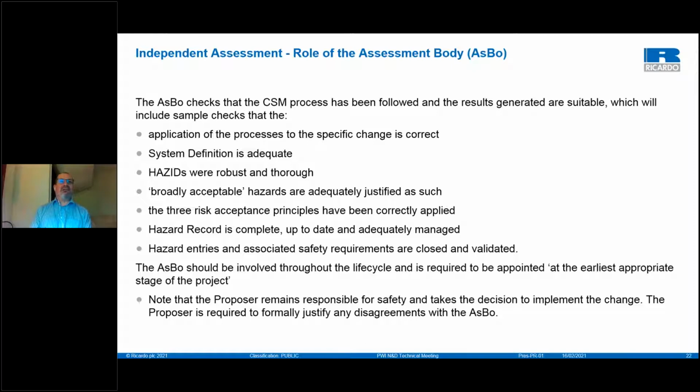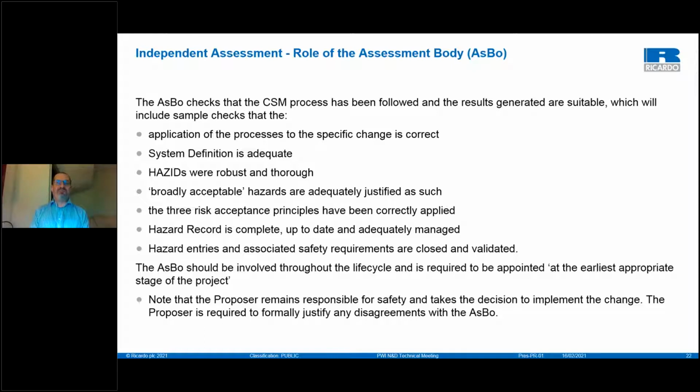I won't go through all of those, but basically that the process you followed is adequate and compliant with the CSM, the hazard record is complete, all reasonably foreseeable hazards have been identified, the hazard entries have been treated, safety requirements have been defined, and evidence is available to close or transfer those hazards to other more appropriate actors.